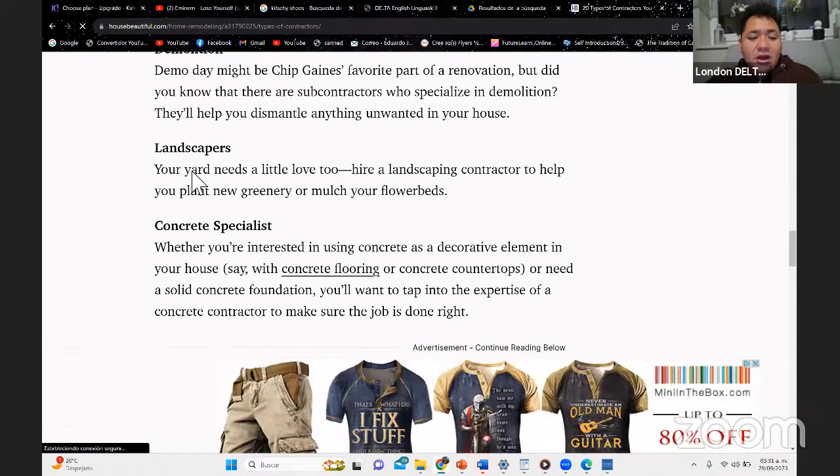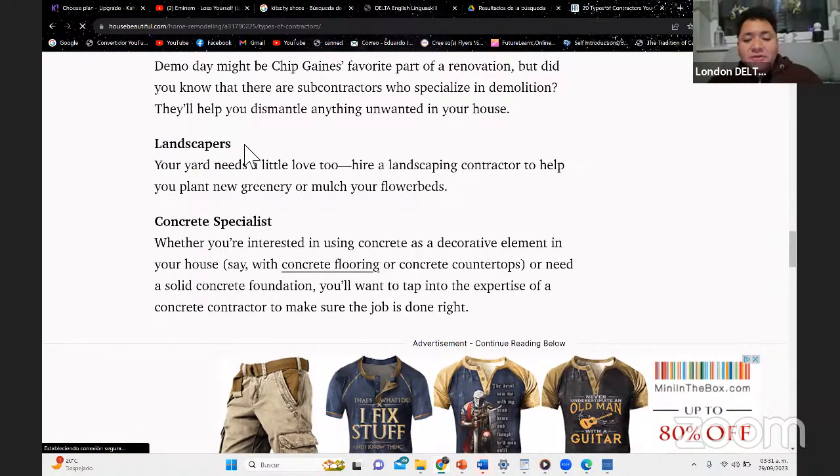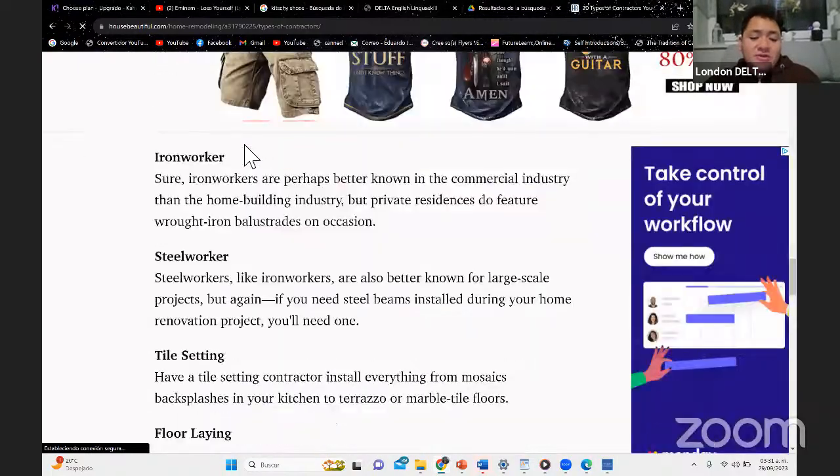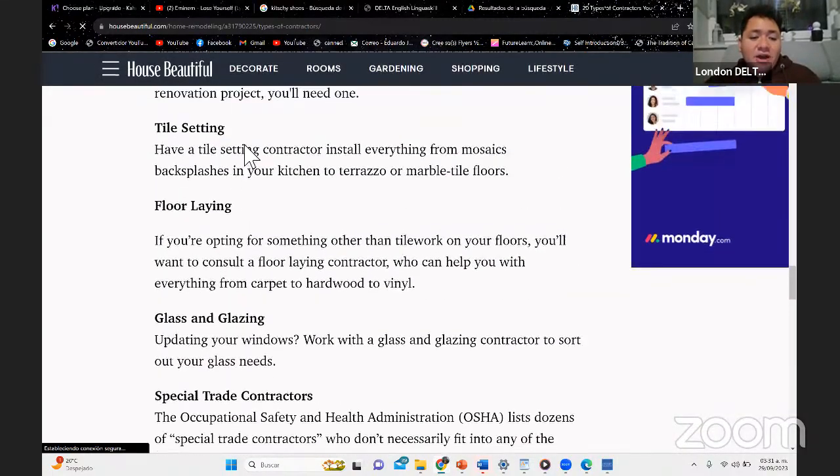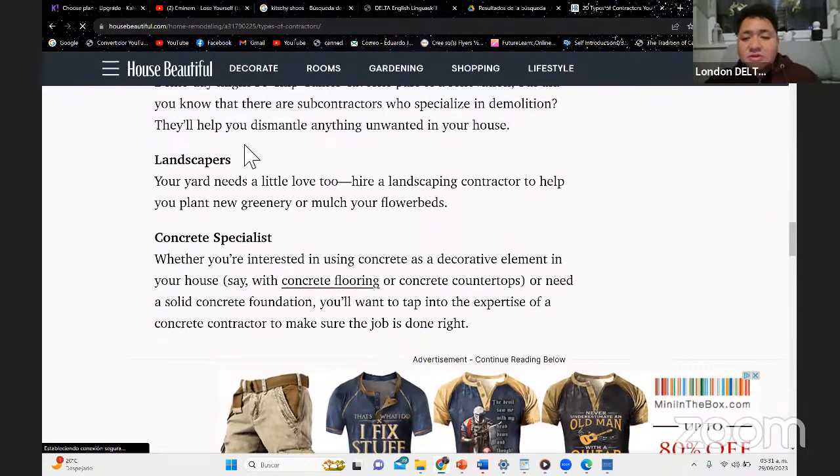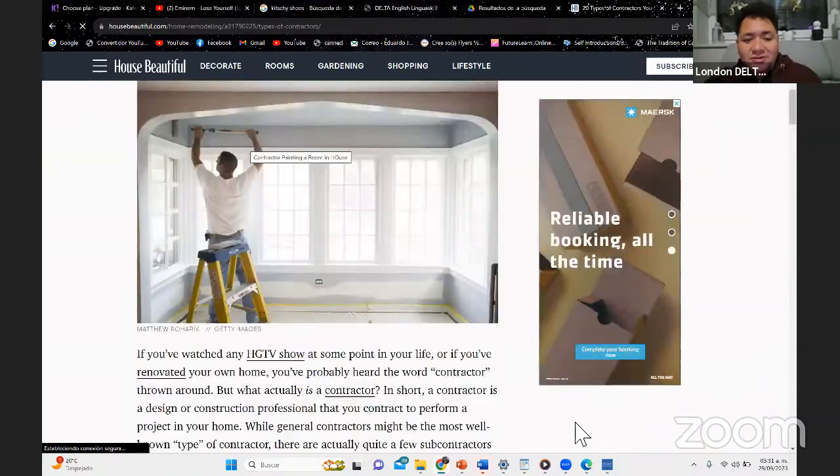Demolition, landscapers. These are, for example, people that can work on your garden. Es que ellos trabajan, por ejemplo, en un jardín y pueden diseñarlo de una manera muy bella, right? So you see that there are contractors for everything. Some people don't have time to take care of their houses, so they hire people who can do it.